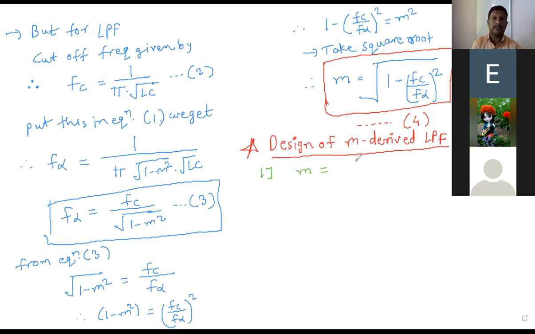If m is not given, then you can use this formula to calculate: m is equal to under root 1 minus FC divided by F alpha bracket square, where FC is the cutoff frequency of the low pass filter, and F alpha is the resonant frequency.